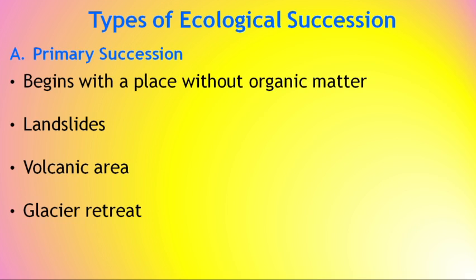In that case, although all the plants and animals will die because of the fire, their burnt material will still be present in that soil or that place. So if such is the case, we say that ecological succession has started here, but the organic matter of previous communities is still here.